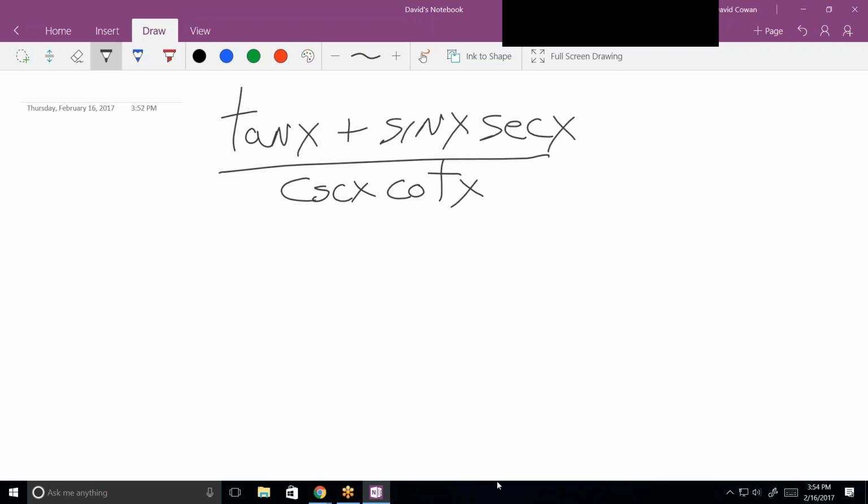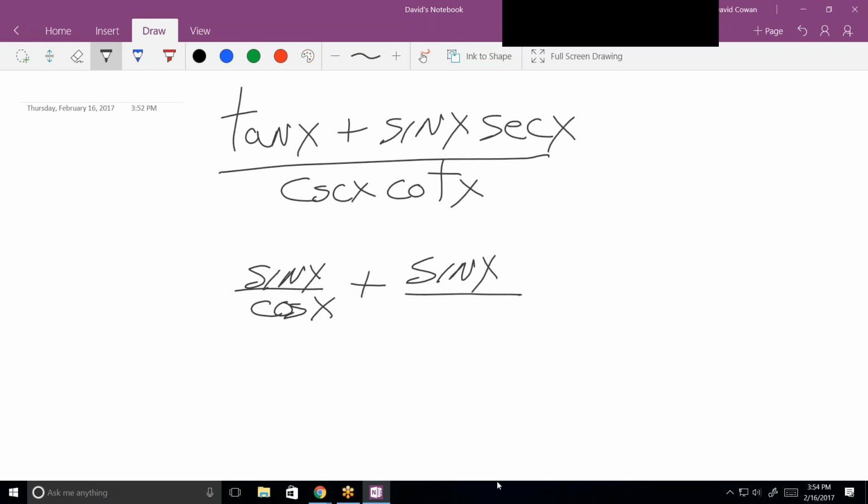Sine of x over cosine of x. Plus sine of x, you don't need to change that, but what's secant of x?